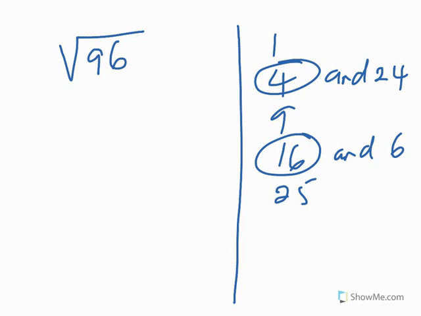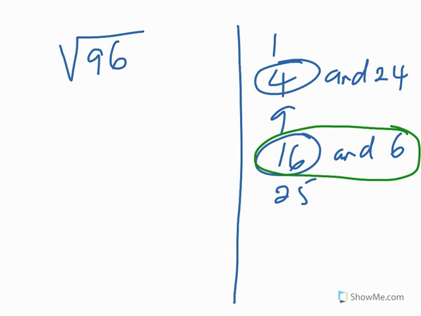So if you encounter a situation whereby you have more than one pair of factors that has a perfect square, like here, where we have 2 pairs, then I'm teaching you to use the largest one. The largest one is this, 16 and 6. So we now use it.